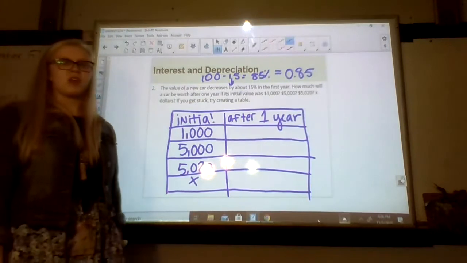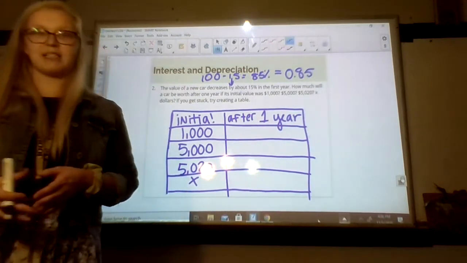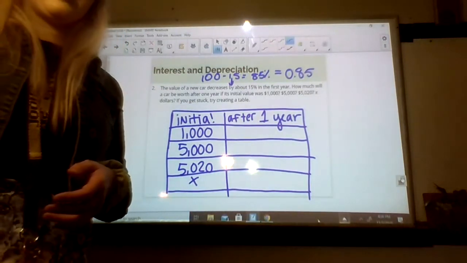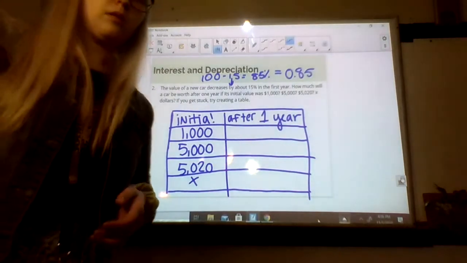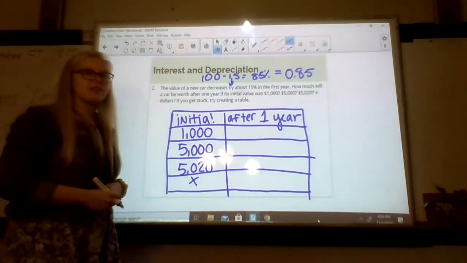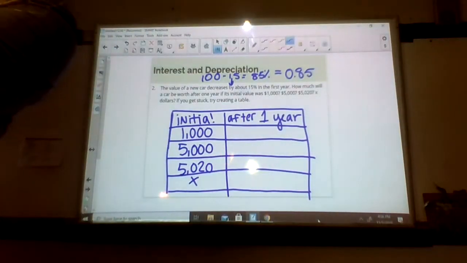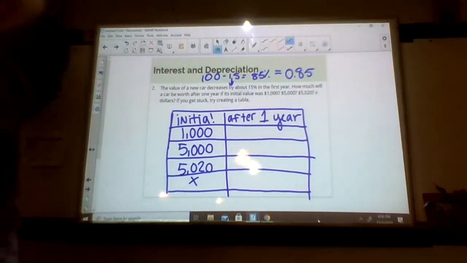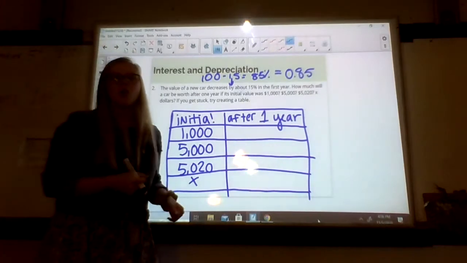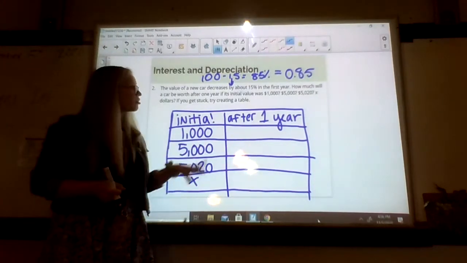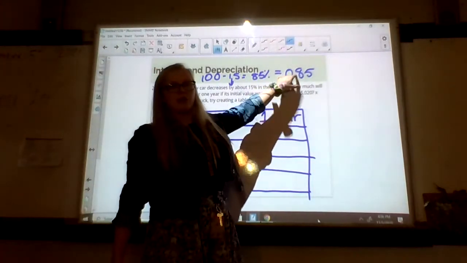Okay. So, just like the last problem, we are multiplying our percent by the initial. We're multiplying our initial amount by that percent that we found.